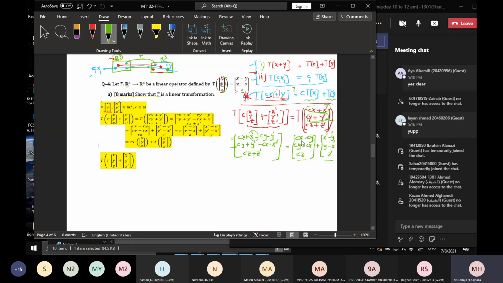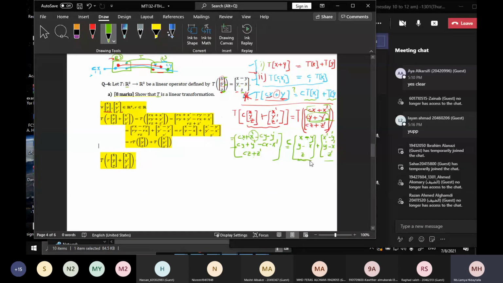But now from the first one, I can take c out as a common factor, right? Because each term is multiplied by this c. So I can put the c outside and remove it from here. So c multiplied by the vector.